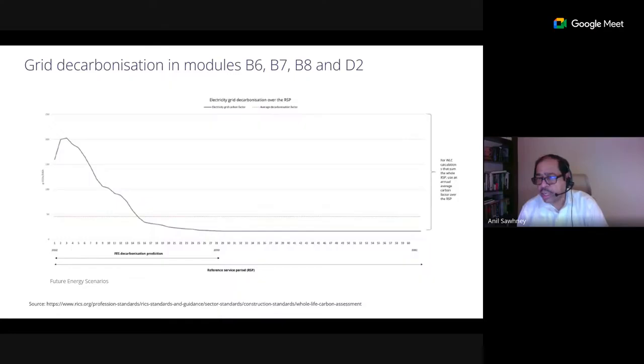So for your WLCA calculations in the UK, you can use this number to assume that the grid is becoming cleaner, so these grid decarbonization factors can be used. I am not sure if such a chart is available for India. Perhaps one of you can check and find out.